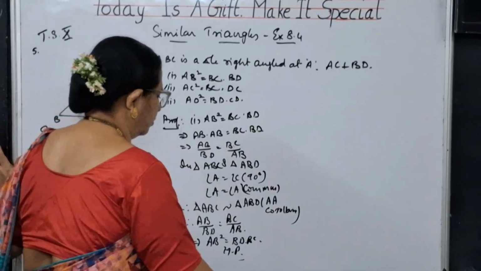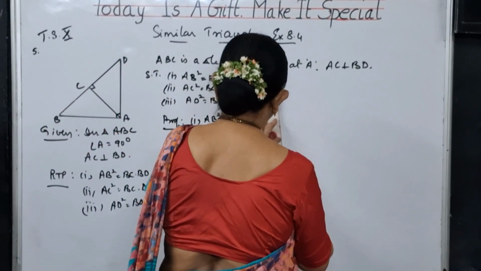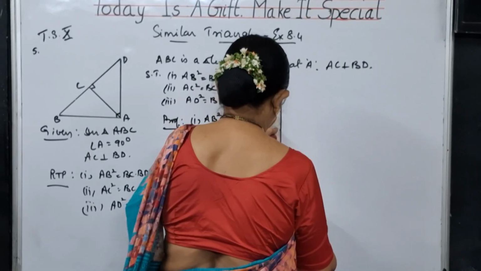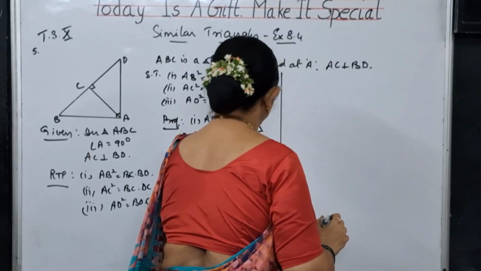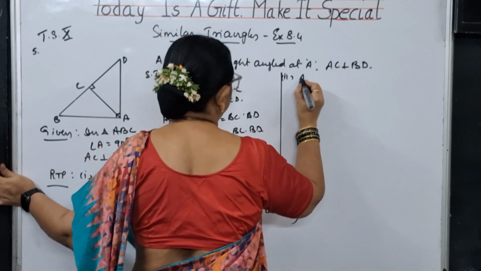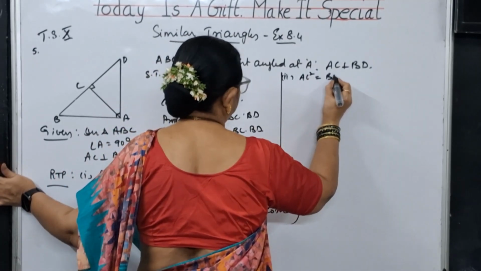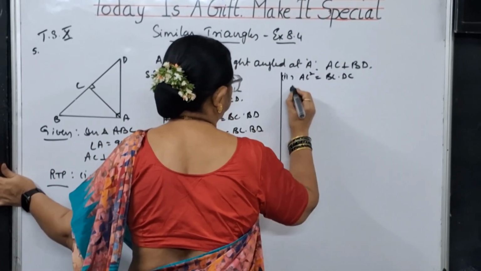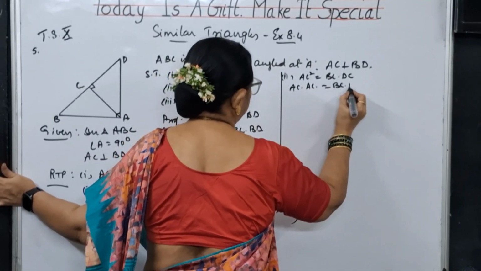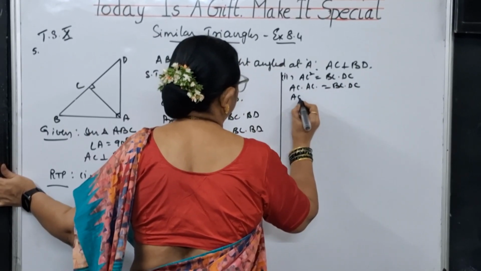Now, let us go to the second bit. Second bit we have to talk about AC square is equal to BC into DC. That means AC into AC is equal to BC into DC.